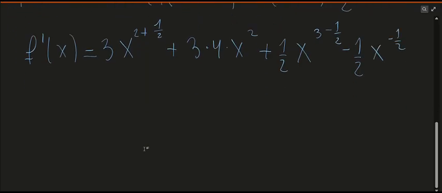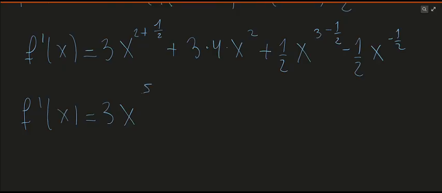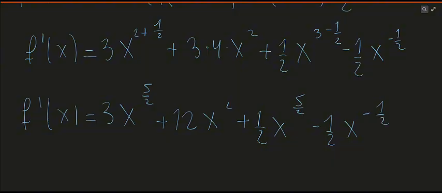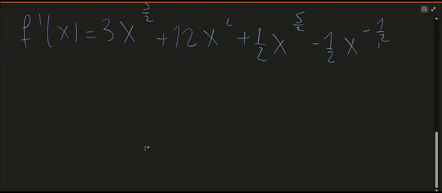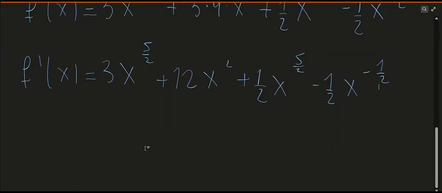Okay, we can clean this up a wee bit. So f prime of x is equal to 3x to the power of 5/2, because 2 plus 1/2 is 5/2, plus 12x squared plus 1/2 x to the power of, this little guy is the same as 5/2. 3 minus half is 5/2, minus 1/2 x to the power of negative 1/2. Good. Now, the only thing we can do is consolidate like powers of x.